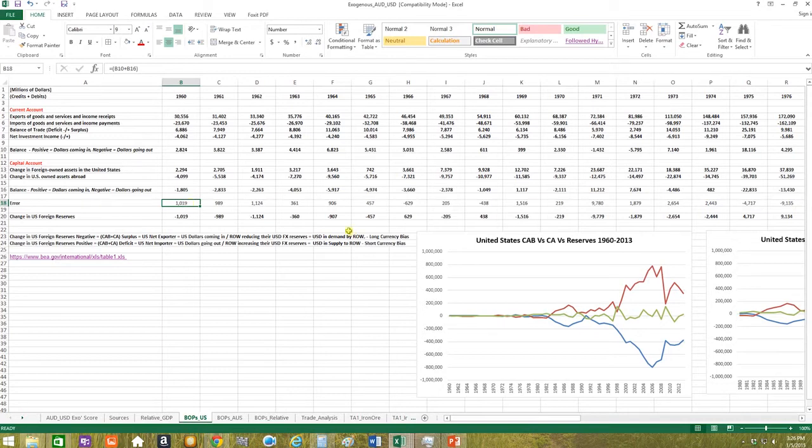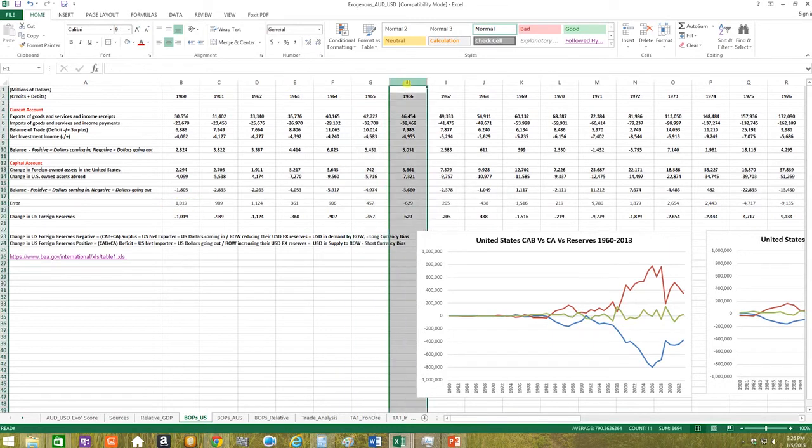Now, let's think of this in reverse, where the error is actually negative. So if we look at column H, for example, and we have a negative value here, this means that more dollars are being shipped out of the United States.